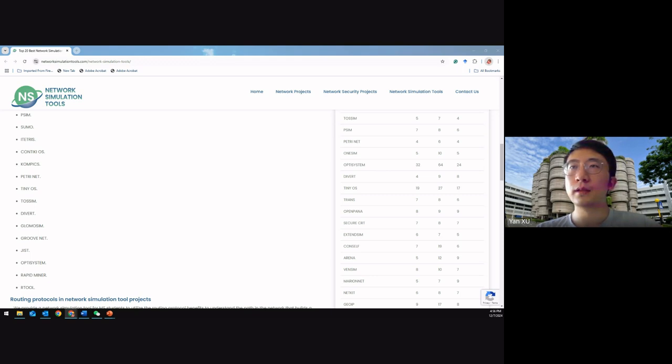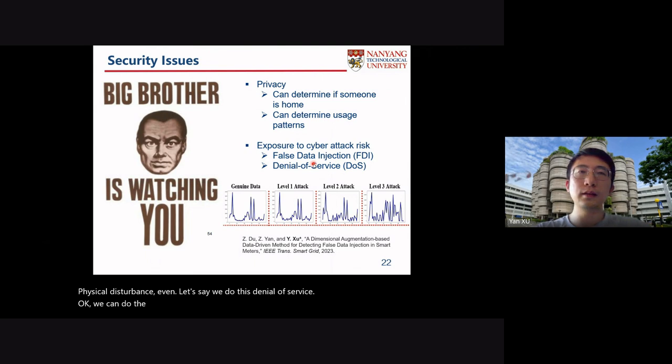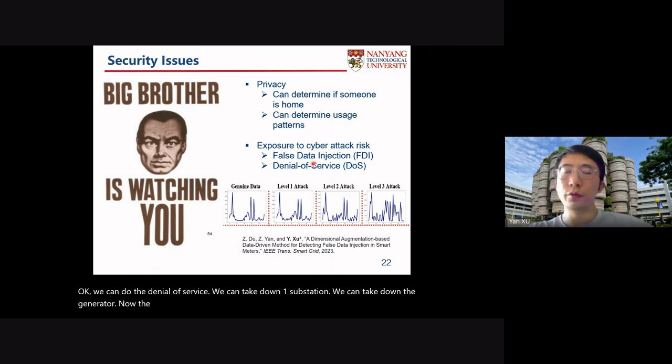If a blackout occurs due to a cyber attack, what will be the backup? Just like the previous question, essentially the power grid will experience a physical disturbance. Even if we do a denial of service, we can take down one substation or a generator. The restoration and recovery will be the same.